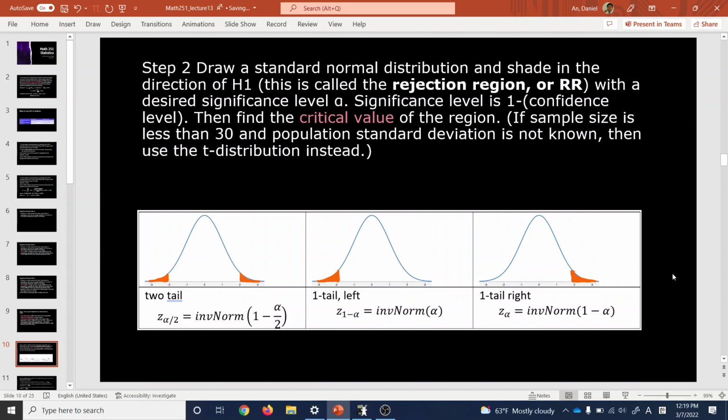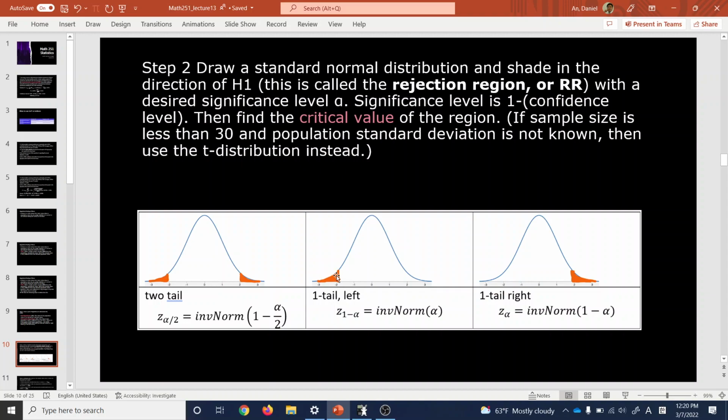The significance level is 1 minus the confidence level. Then find the critical value of the region. You have to find the critical value depending on which test you're choosing. Now the two-tail, we've seen this many, many times, so that's not surprising. However, for the one-tail left, the entire region is on the left side.